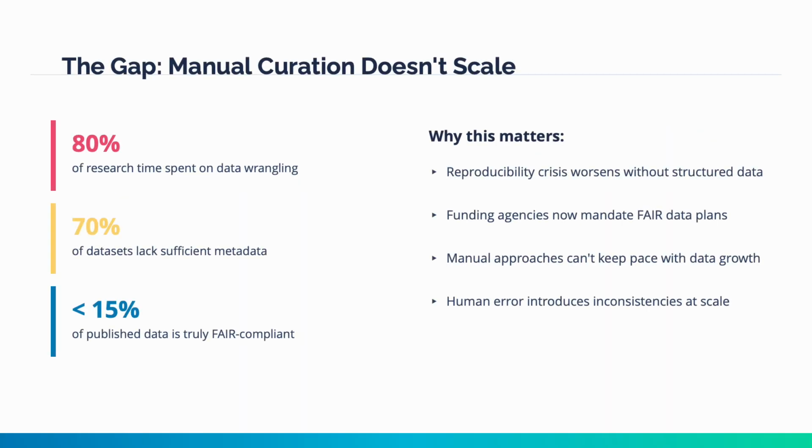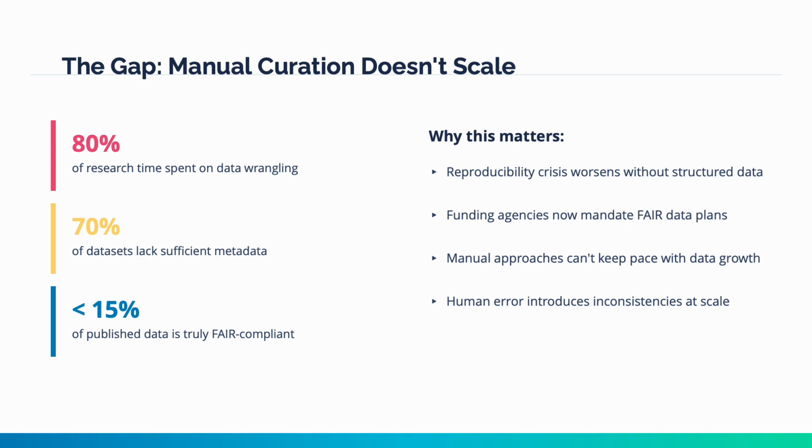Now let me show you the gap between where we are and where we need to be. About 80% of a researcher's time goes to data wrangling instead of actual analysis. Roughly 70% of published datasets lack sufficient metadata to be reused, and fewer than 15% of published datasets are truly compliant with these principles.